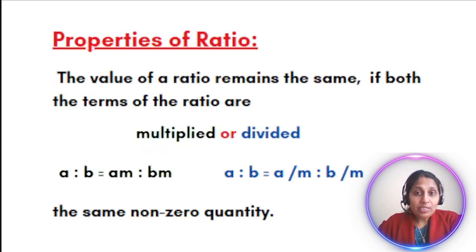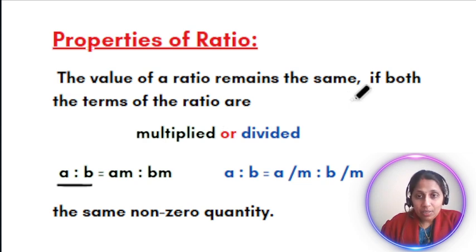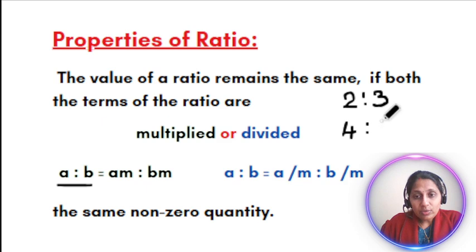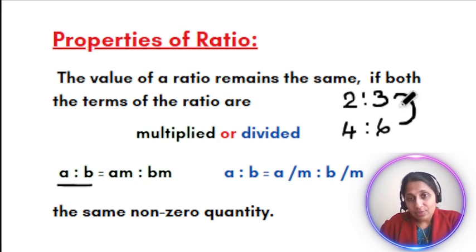Now coming to the properties of ratio. The value of the ratio will remain the same when you multiply or divide the ratio by the same non-zero quantity. What is the meaning of that? Suppose we have 2:3. If we multiply both these values by 2, we get 4:6, which means the values of both these ratios are the same, with 2:3 being the simplest form.